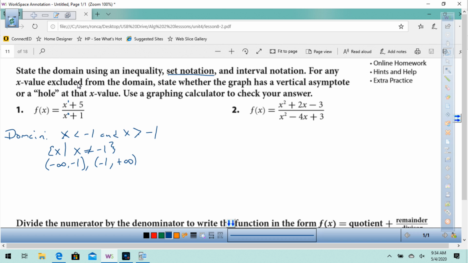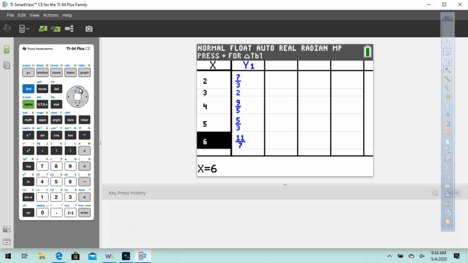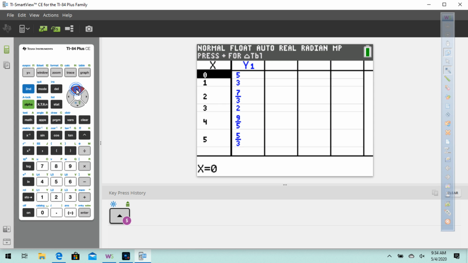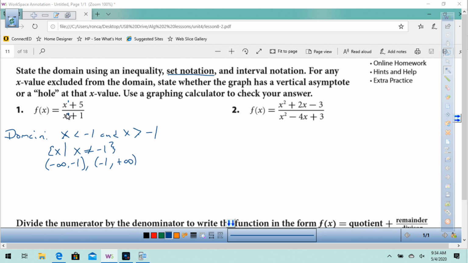For any x value excluded from the domain, state whether the graph has a vertical asymptote or a hole at the x value. Well, the only place that it doesn't touch is -1. That's because you have x plus 1. -1 plus 1 would give you 0, and division is undefined at 0.